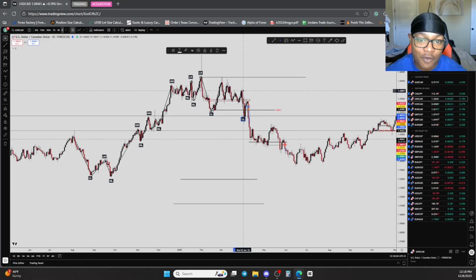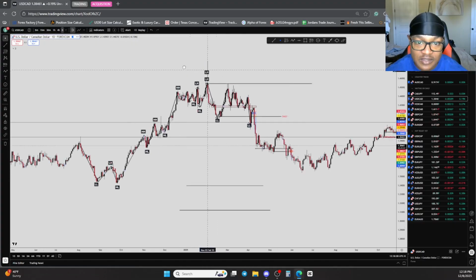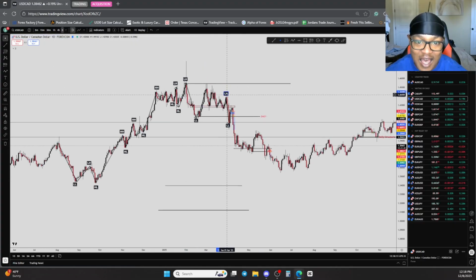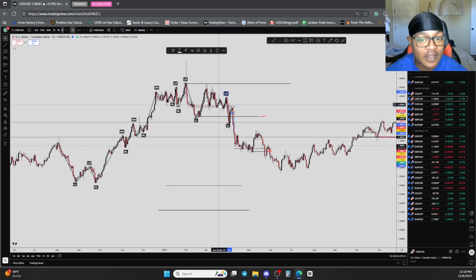Around here, because this is the last high point in the market that allowed this break of structure to take place. It wouldn't be here because we don't have the break of structure. It wouldn't be here either.